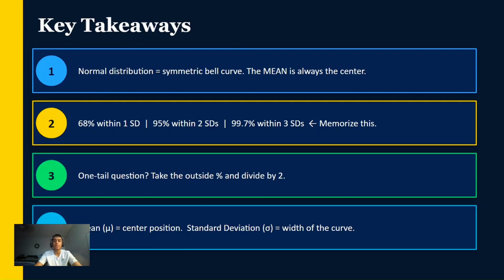That's the empirical rule. It will always be on your AP exam, so please remember it. Number 3. When a question asks about one tail only, take the leftover percentage and cut it in half. Number 4. Mean controls the center, and standard deviation controls how far the data is spread out.